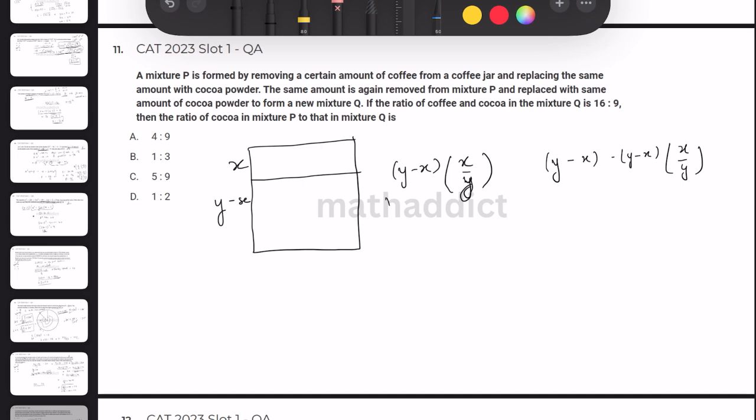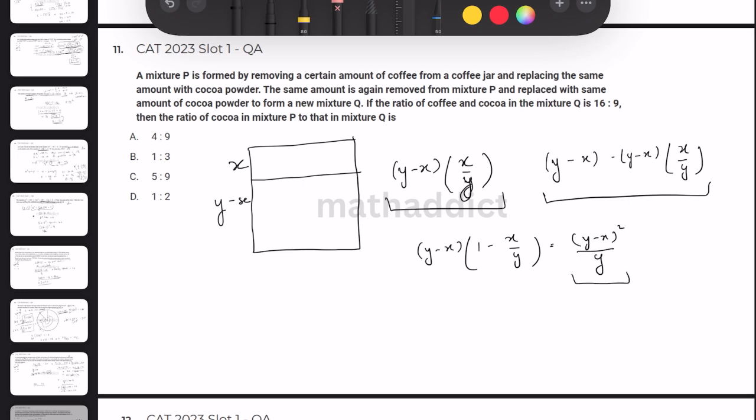So of that this would be the amount of coffee removed, and this would be the amount of coffee remaining. So this is (y minus x) minus (y minus x) into (1 minus x by y), which is (y minus x) squared upon y. So this is the amount of coffee in the mixture.